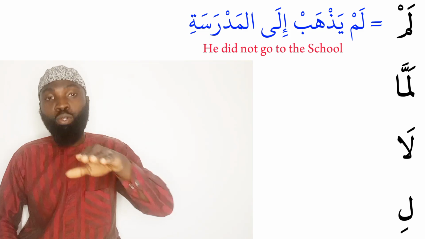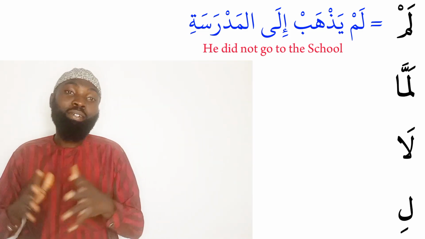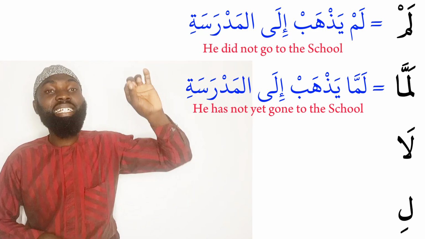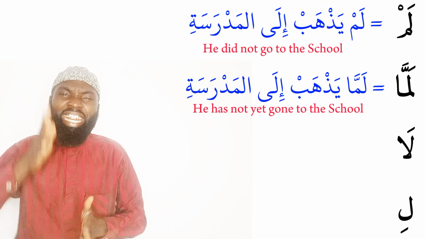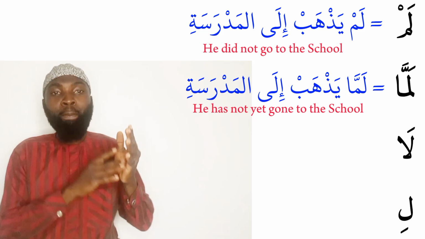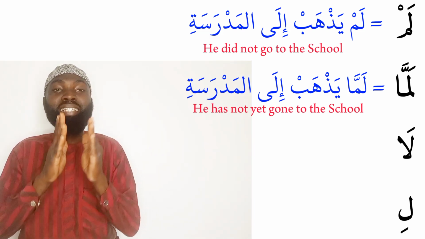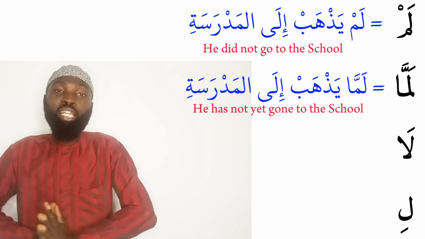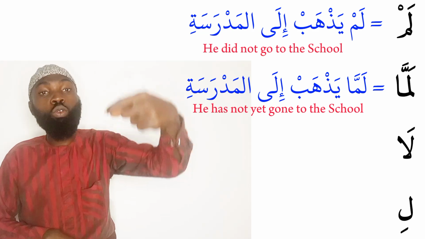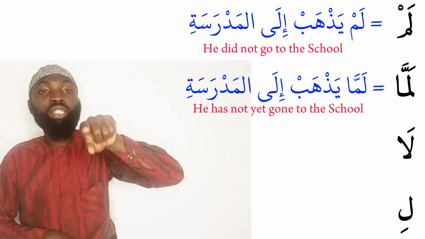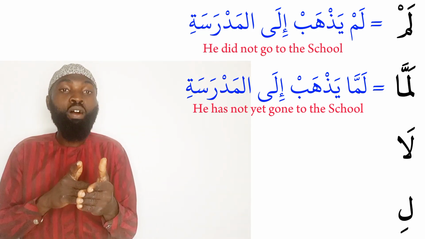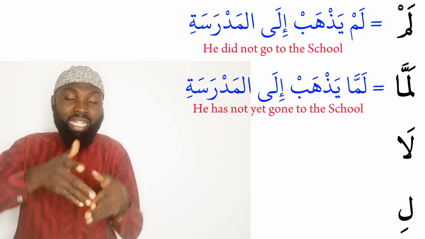Coming to the second particle, lamma, an example I will say, lamma yadhhab ila al-madrasati. This means that he has not yet gone to the school. The word lamma and lam have the same meaning of negativity. The only difference between them is that the particle lamma, whenever it is introduced into a present tense verb, connotes the meaning of negative up to the moment.